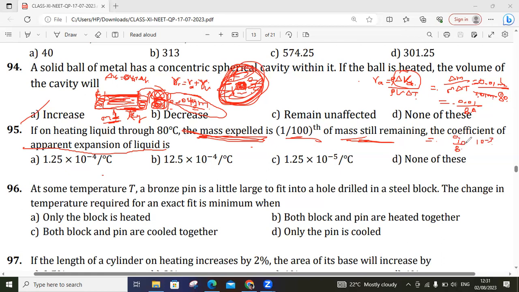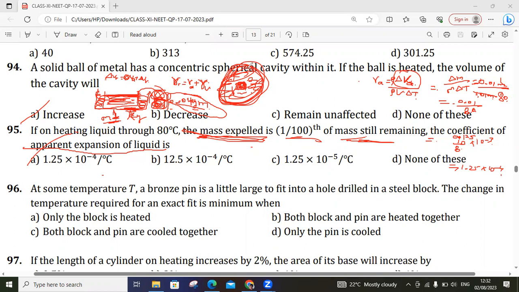This is 0.125, right? So if you do this, 1.25 into 10 power minus 4. Right? That is option A. Right?